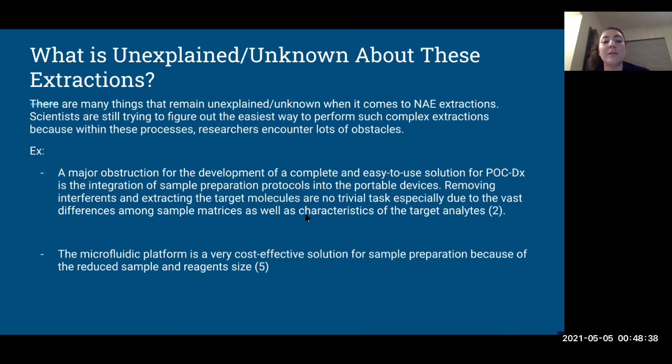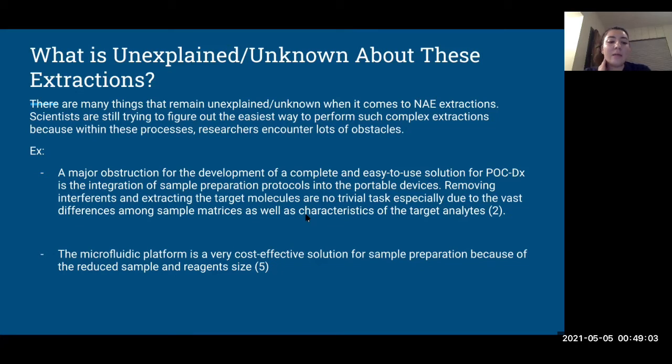Basically, the sample matrices consist of either blood, a nasal swab, or even saliva, and because they are so different, it can be hard to limit them to one portable device. They each have their own characteristics. So that is one obstruction.